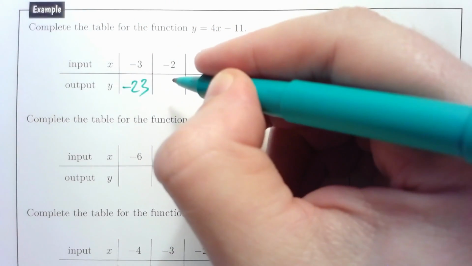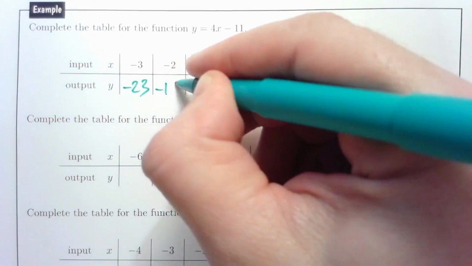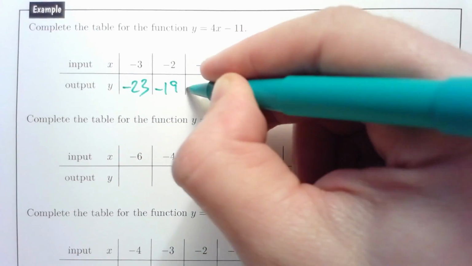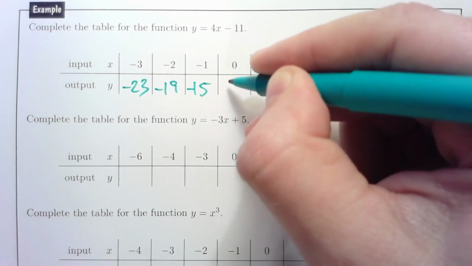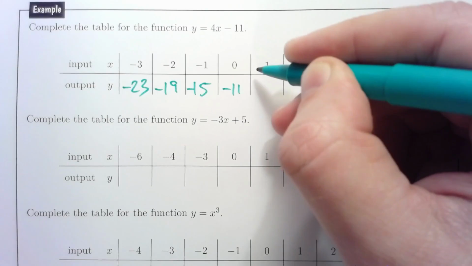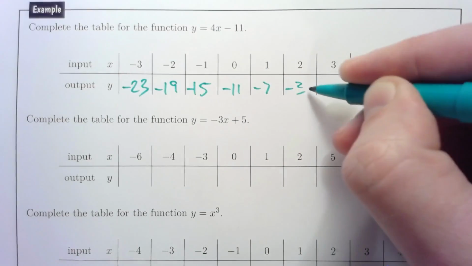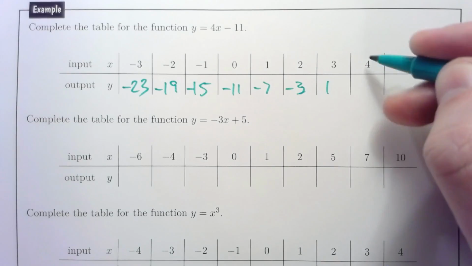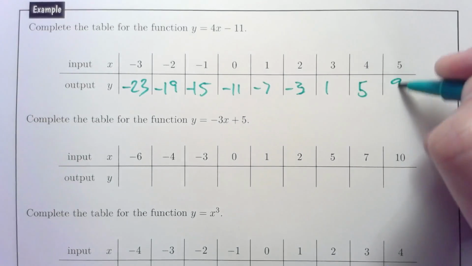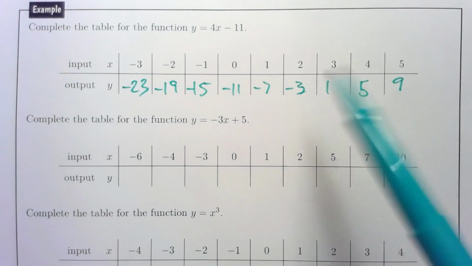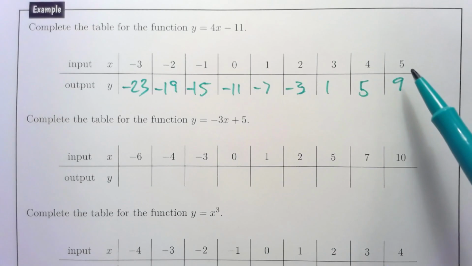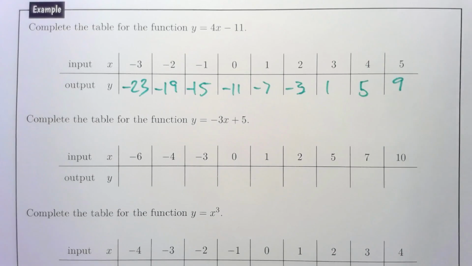Take 11, which is negative 19. And we can go through and work out what each of these are. And the table eventually is filled out. Let's double check this last one, make sure we got it right. 4 times 5 is 20, take 11 is 9.